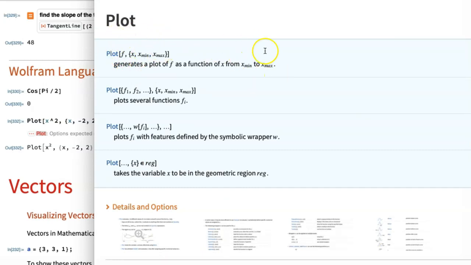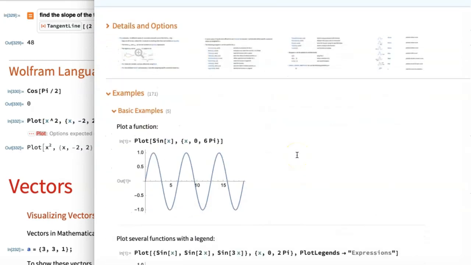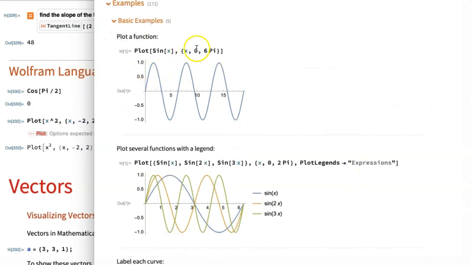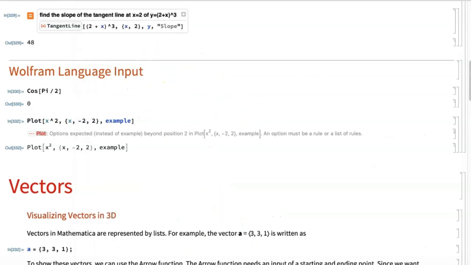I've got some different variations depending on what type of function I've got, and because some of these can be a little bit difficult to follow, we can go down and see some basic examples of what kind of inputs will give us a certain output. So that is super helpful when using new functions. All right, so let's fix this plot.